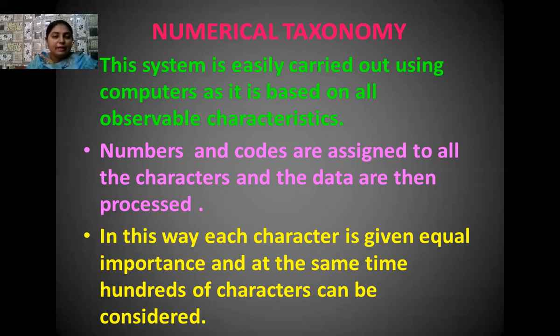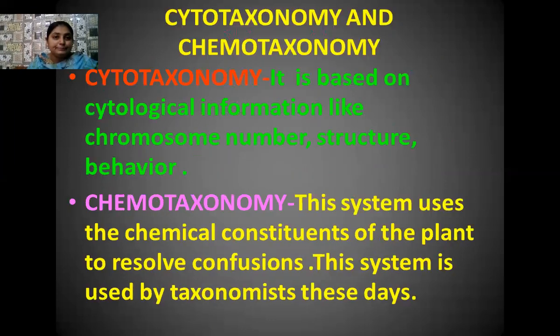When we feed that particular number or code in the computer, we are able to study the different characters that are saved on the basis of these code numbers. Each character is given equal importance, and at the same time, hundreds of characters can be easily considered for the purpose of study.